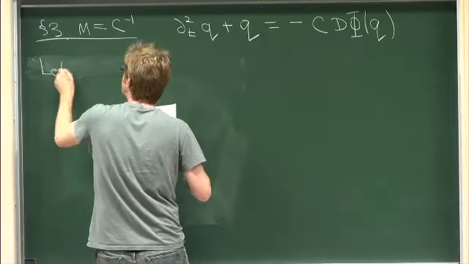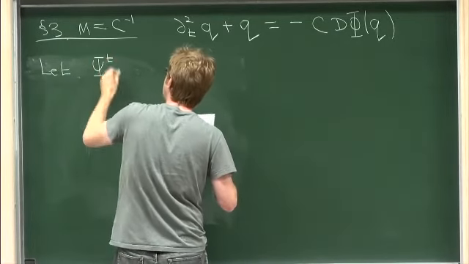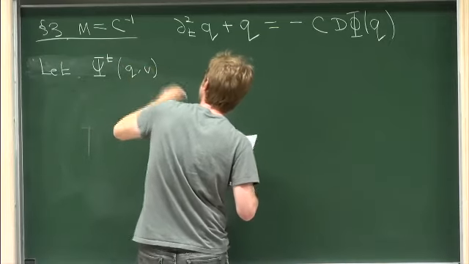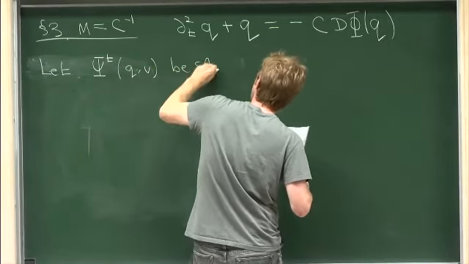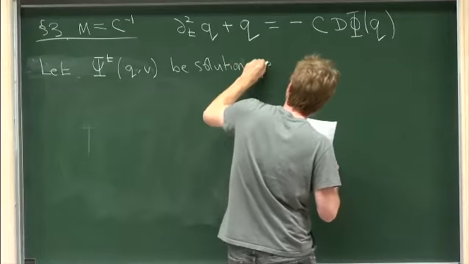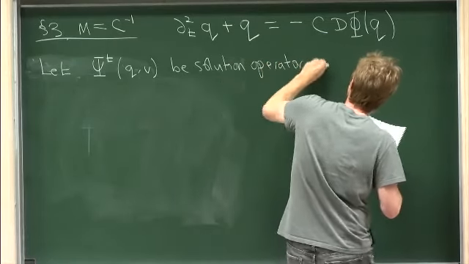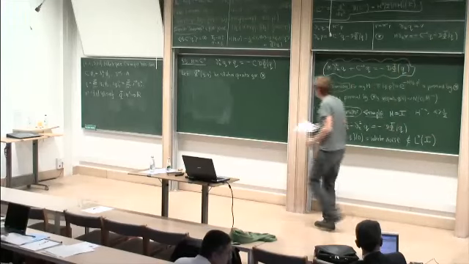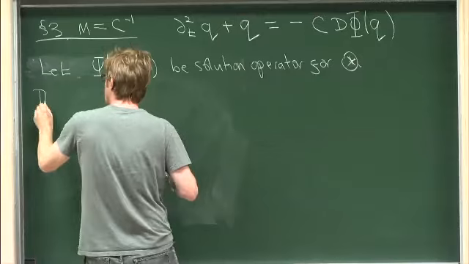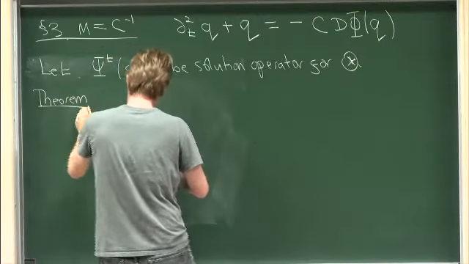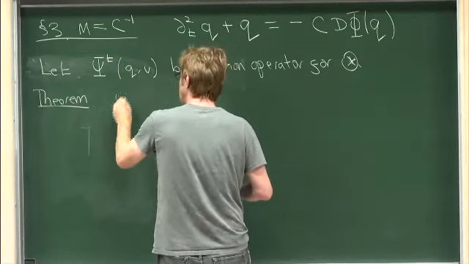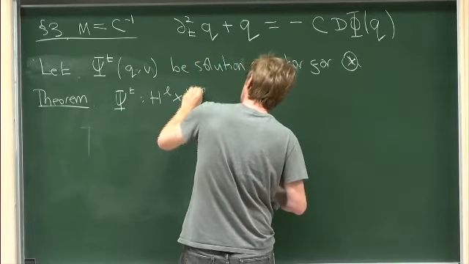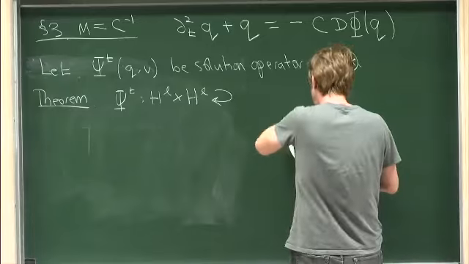Let psi t, which will map on Q and velocity coordinates, be the solution operator for star, star being the equation written in terms of Q and V. Then under the conditions I've given, psi t maps H_L cross H_L into itself and is Lipschitz.